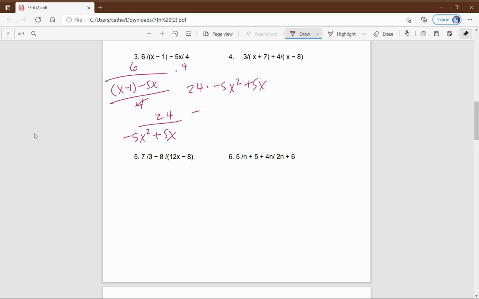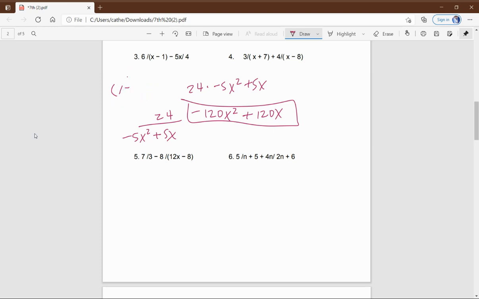Negative 120 x squared plus 120x. And that's how far we can go, because there's no like terms in that, so we can't really combine like terms in that one anyways. So that's it.